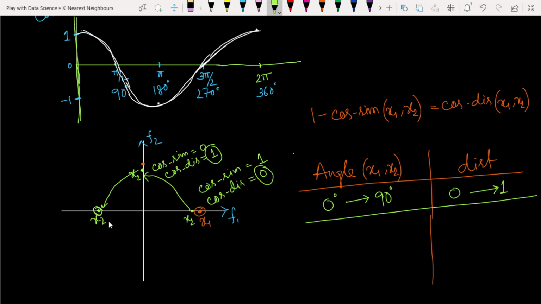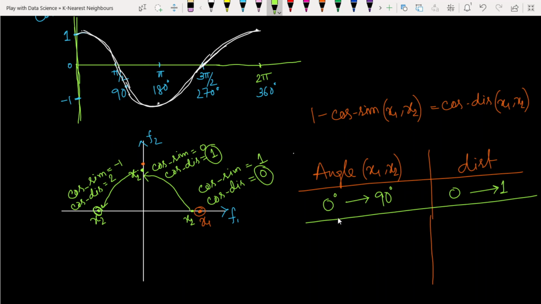X1 is here and x2 is here, so the angle will be 180 degrees. The cos theta value, which is simply the cosine similarity, will be minus 1. So what will be the cosine distance value? 1 minus of minus 1 means 2. The cosine distance value will be 2.